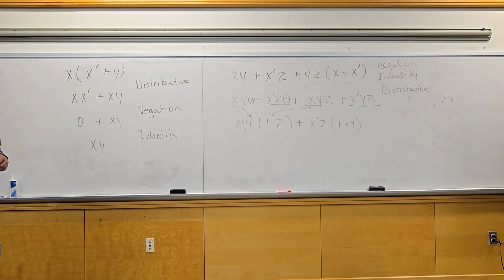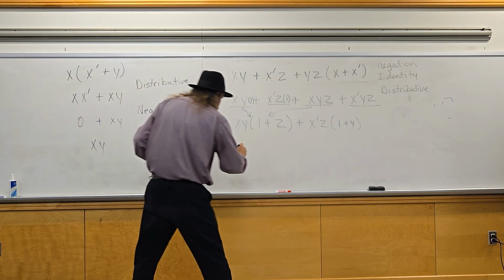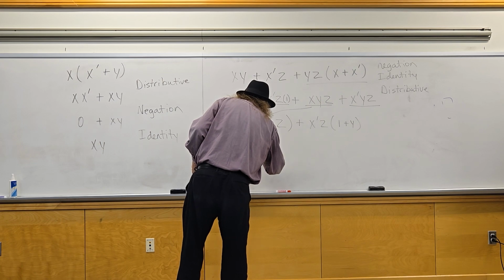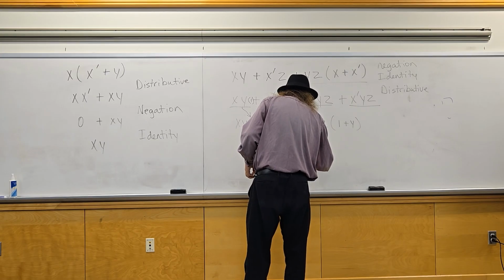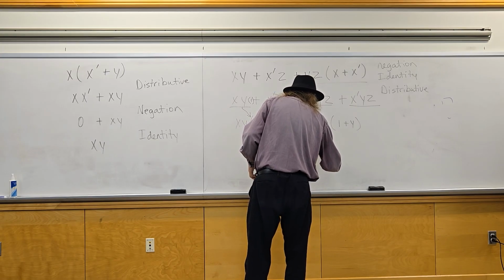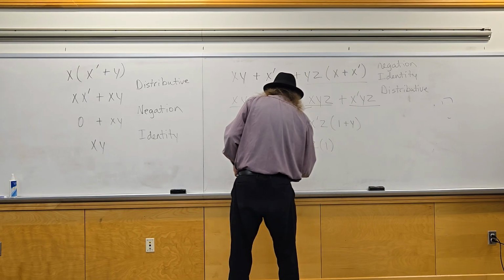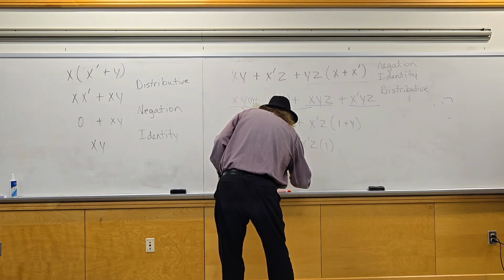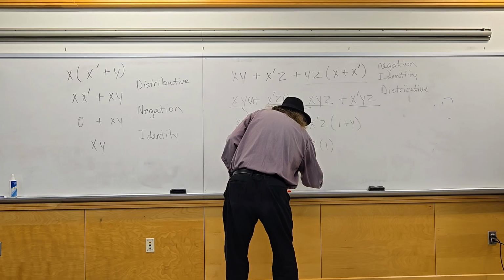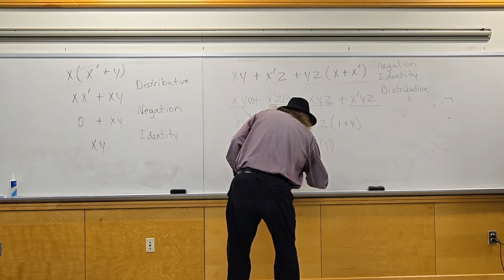Now, 1 ORed with any value is going to be 1, right? So these simplify to x y and 1, plus x prime z and 1, which just leaves you with x y, or x prime z.